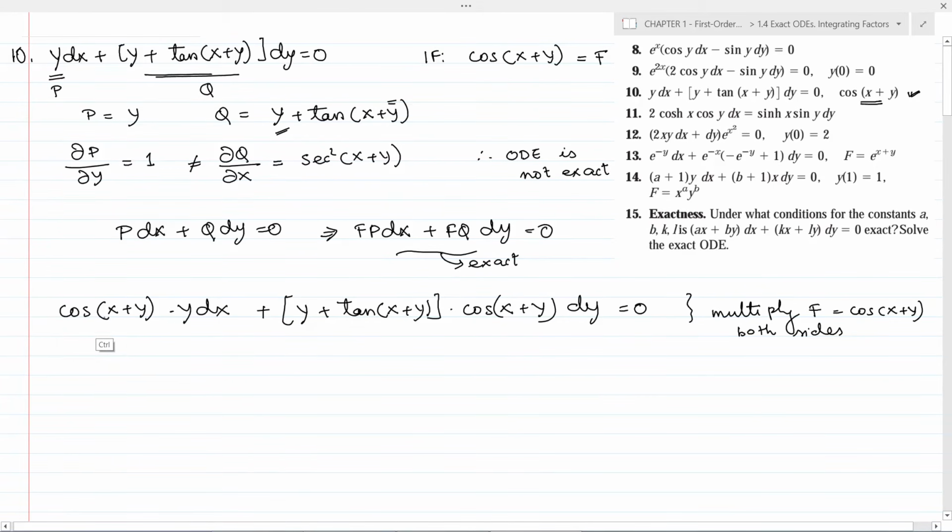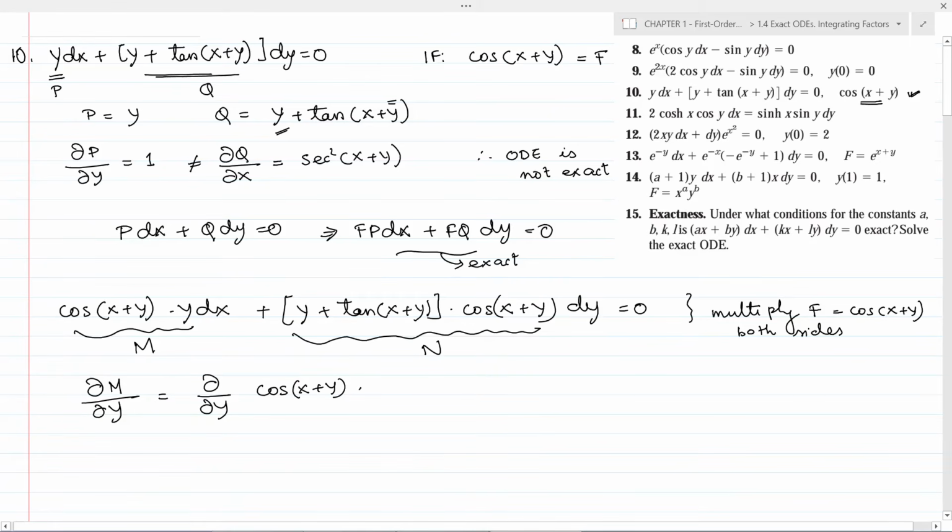Now, for this ODE, let us take this term equal to m and this term equal to n. First, we will check that the resulting ODE is exact. So, for this we can write del m by del y equal to del by del y of cos(x plus y) multiplied by y. For this, we know that we have to assume x as a constant.